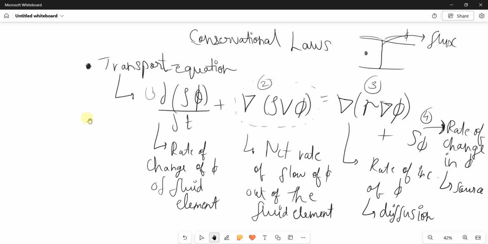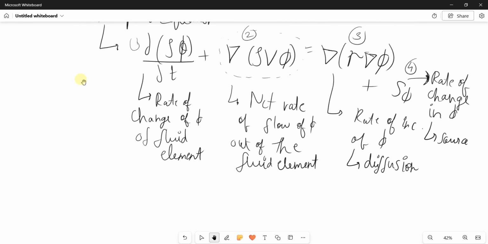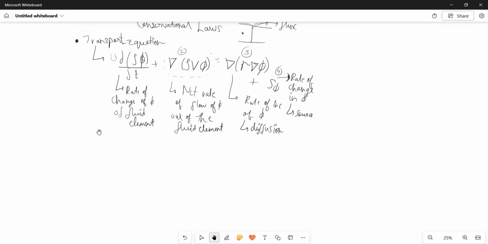Now the good thing about this transport equation is that if you remember it, you can now derive other equations from this.